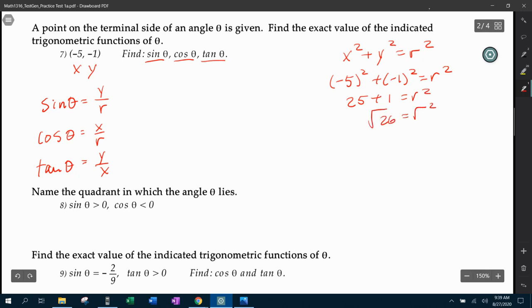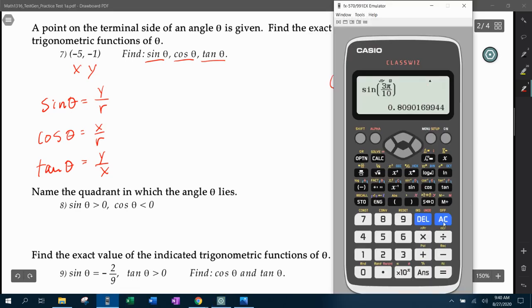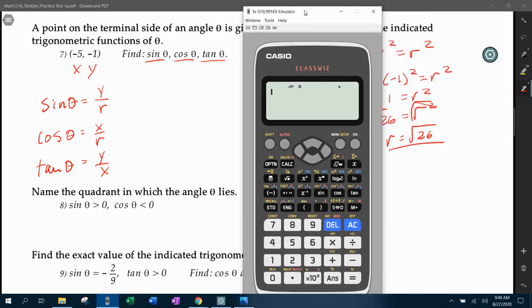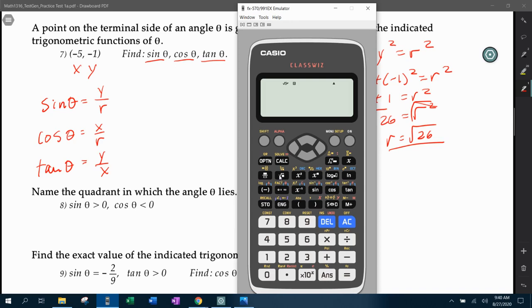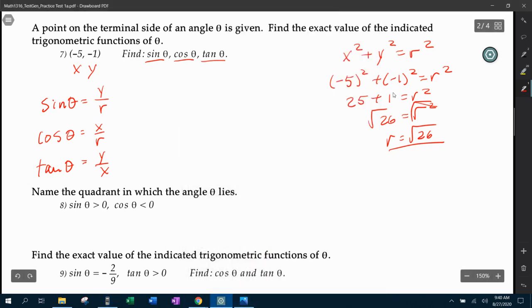And then I have to take the square root to get rid of the squared. And 26 does not square root nicely, and it won't reduce, okay? And I can show you that. My calculator will show you that the square root of 26 is in simplest radical form.